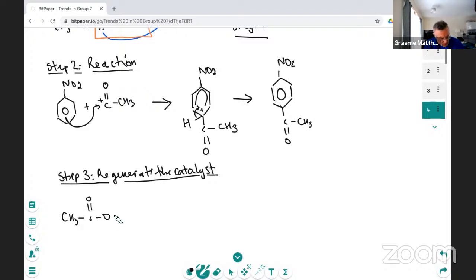And we said the oxygen had bonded to the aluminum chloride like this. Now this bit is going to pick off the proton from the ring. Don't know if I can fit this in, AlCl3 like this.